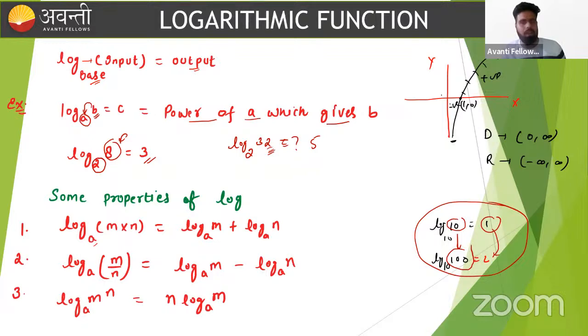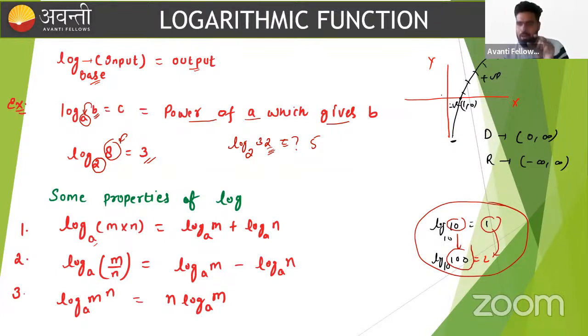In the same manner, if we apply the logarithmic function to division, how can it perform? It can operate the division sign in the form of subtraction. In the last class we understood the physical interpretation of the logarithmic function, that it is very slow in nature.